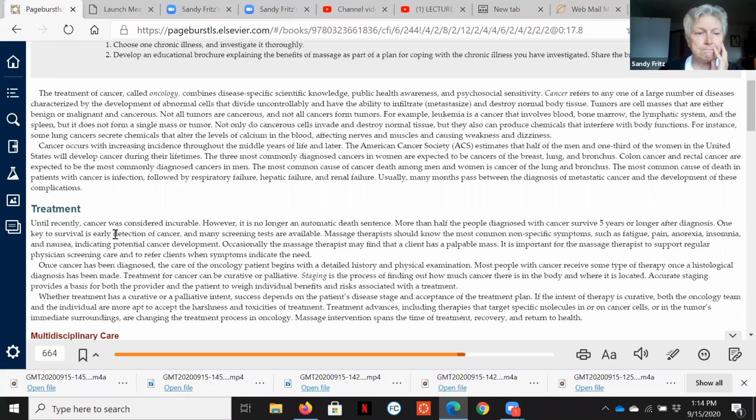So any disease process, including cancer, that is going to progress, there's going to be an acknowledged progression to a dying process, including working with people in hospice.